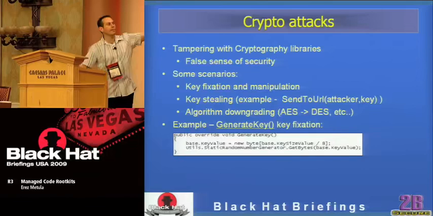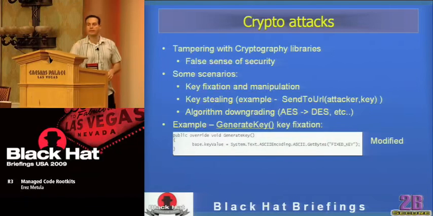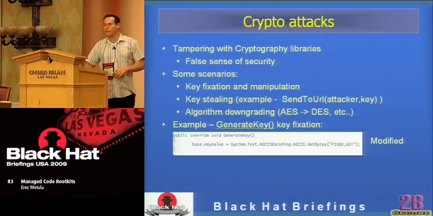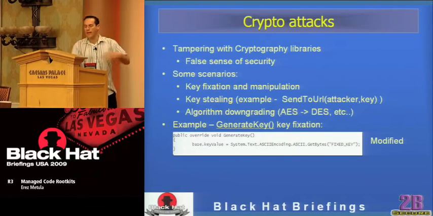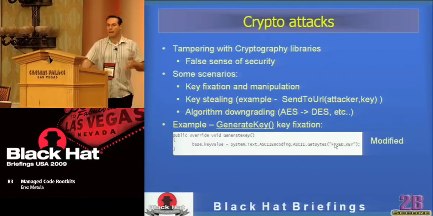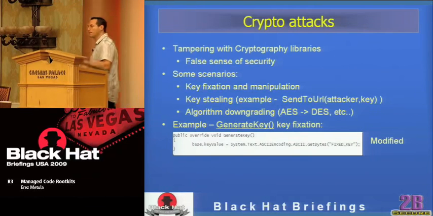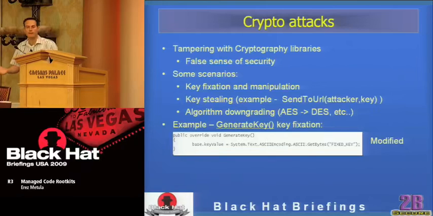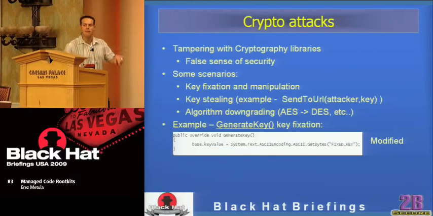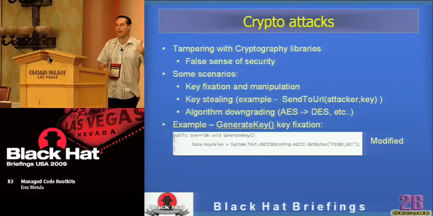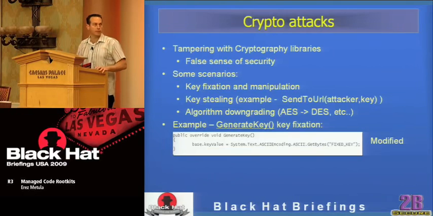I'm throwing away the implementation and writing something like this. So the generate key will just return a fixed key. And the bad thing about it is that from the user point of view, data is encrypted. It looks encrypted, right? Only that the key that he's using is not effective. It's the attacker-controlled key that is being used over here.